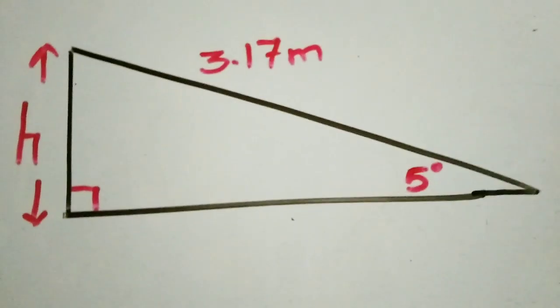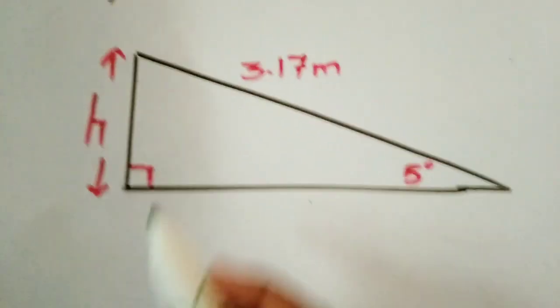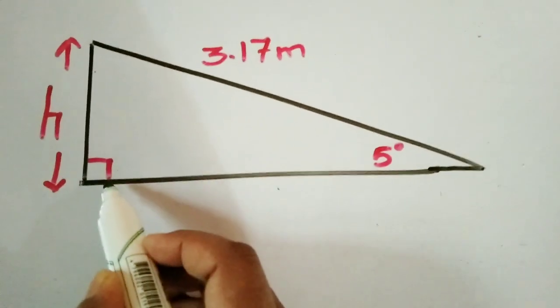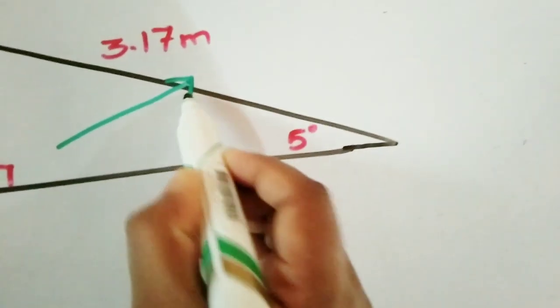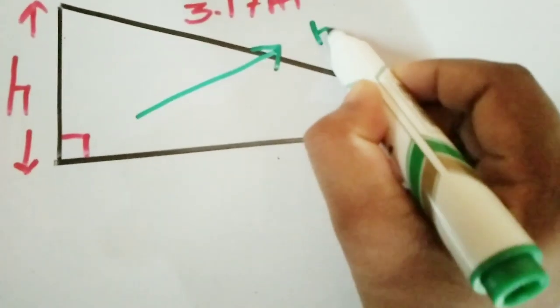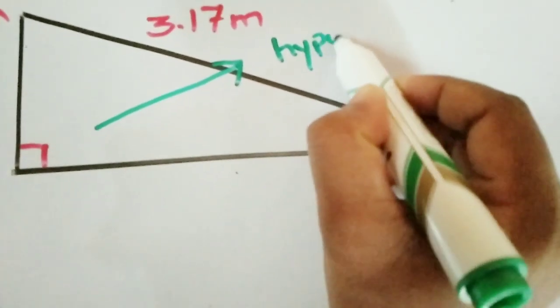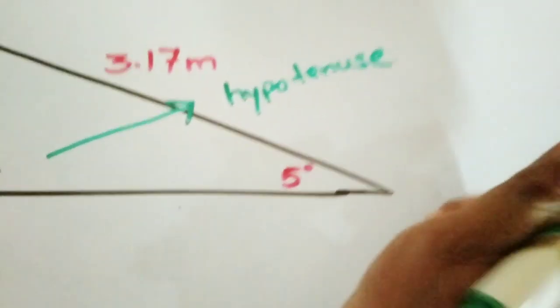Now look at the question. We have to find the unknown height of this right angle triangle. As I told before, opposite to the right angle is the hypotenuse side.